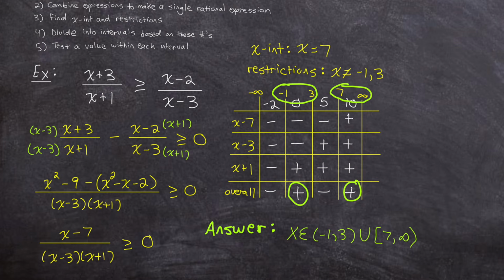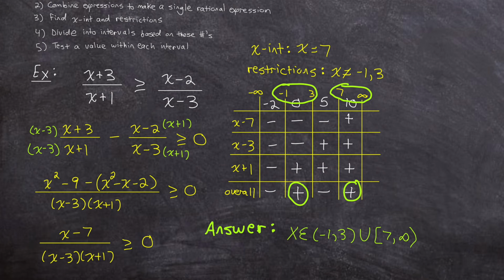And notice, because the original inequality wants to know when it's greater than or equal to 0, I do want to include the x-intercept in my answer, which is why I put a square bracket at 7. But I made sure to put round brackets at my restrictions because the function doesn't even exist there, so they can't be part of my final answer.